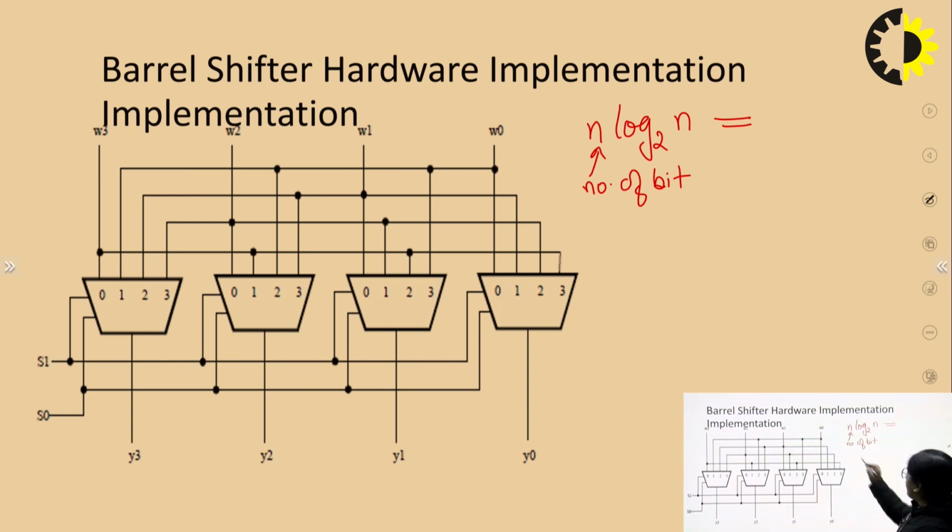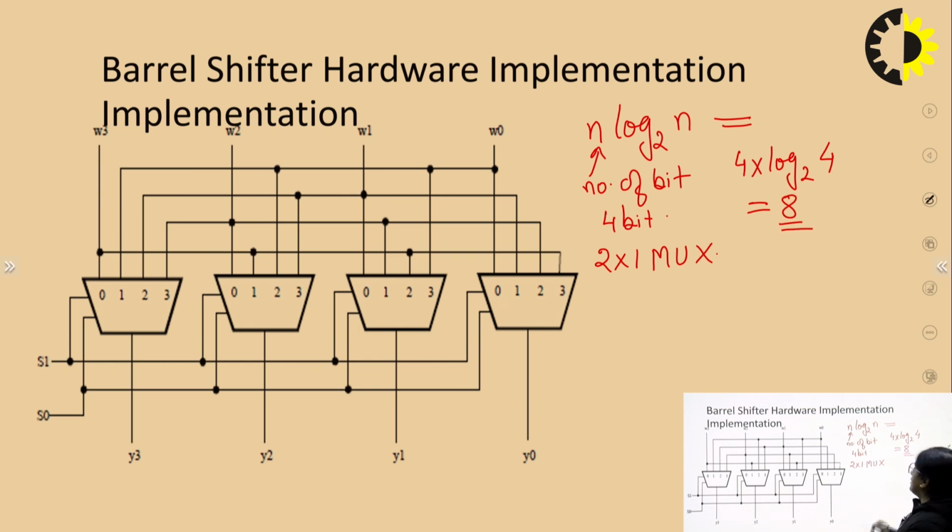So, suppose we have to perform a shifting or rotate left or right operation for 4-bit data, and let's suppose that we have to use 2:1 multiplexers. 4-bit data means 4 into log 2 4, that is 4 into 2, that is 8. So 8 2:1 multiplexers are required to design a barrel shifter for 4-bit.